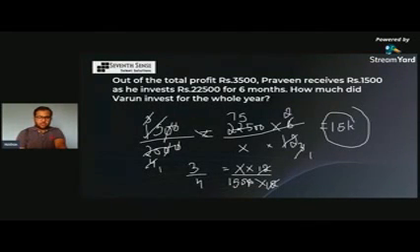150 by 2, this will be 7,500 by 2. 75 by 2 is 37.5. So it will be 3750. So investment of Praveen for one whole year will be 3750 into 3 times. So it becomes 9,000 plus 2,100. So it is 11,100 plus 150. 11,150.